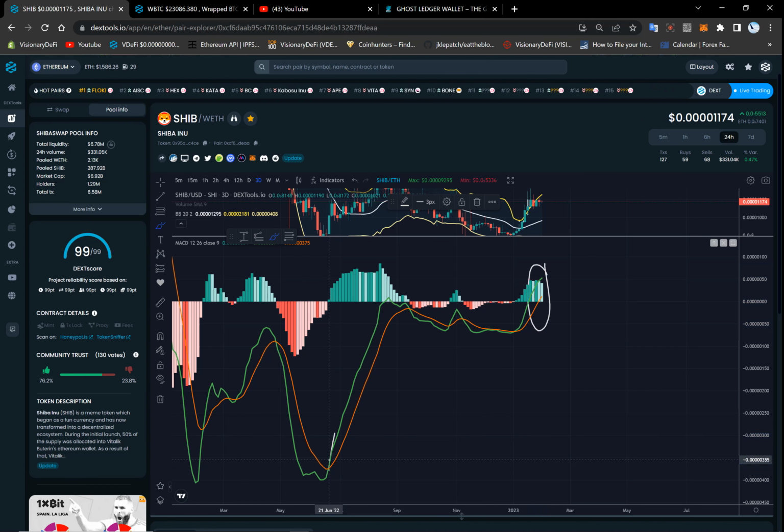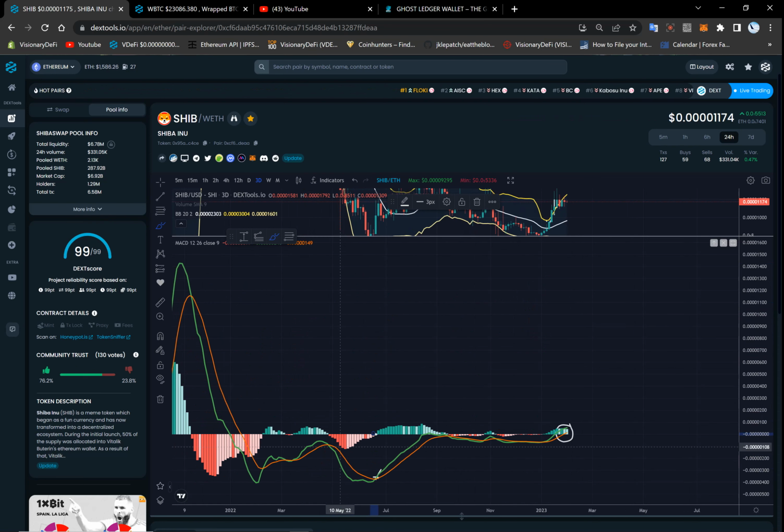You can enter your trade right here and correspond it with when price is green also on the MACD, when buying pressure has begun. Okay, let's zoom in a little bit.